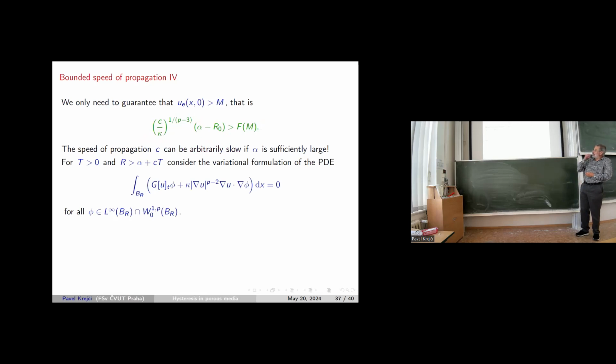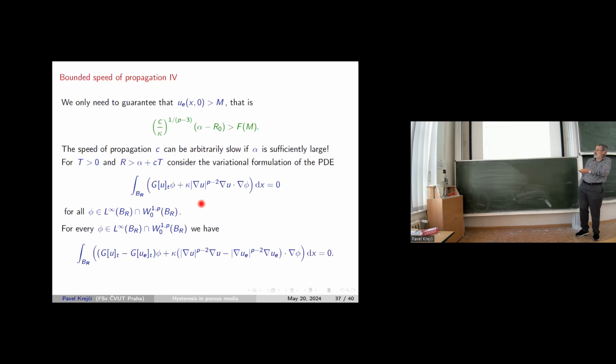Now, this is the variational formulation of the problem, and we have a solution to our initial boundary problem. We subtract our explicit solution depending on the vector e, and it is still zero.